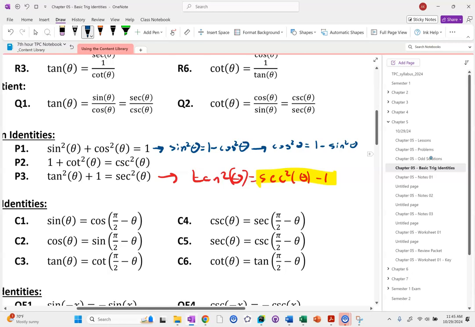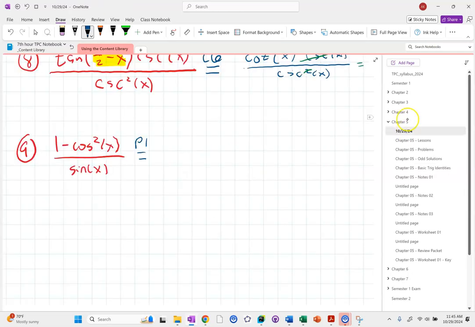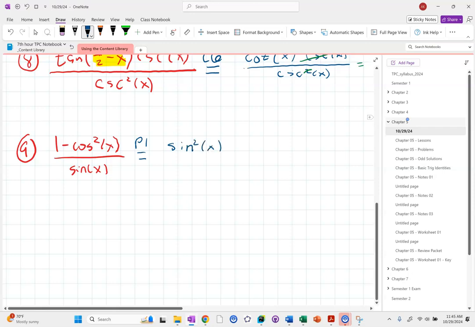Also could call that P1. If I were you, on my identity sheet, I would write out the alternate versions of all 3 of the Pythagoreans, just subtracting things from both sides, so I have those written down on my paper and I would be looking for them. But that's exactly what we would do here, Anthony. You did it.